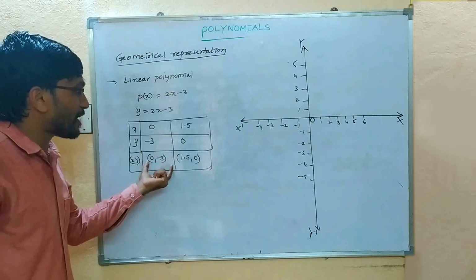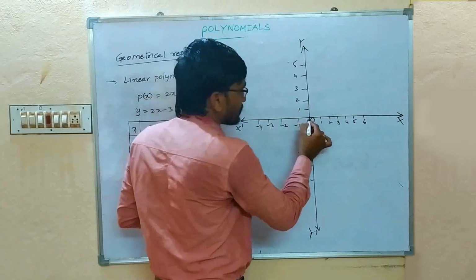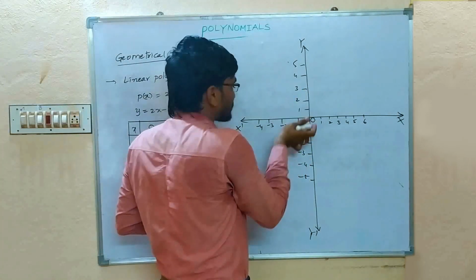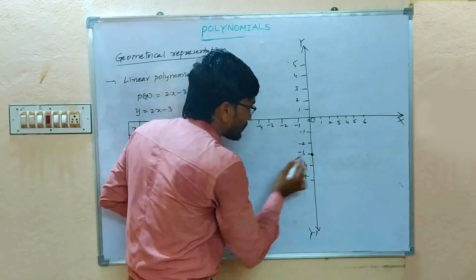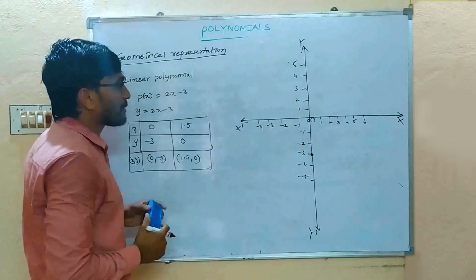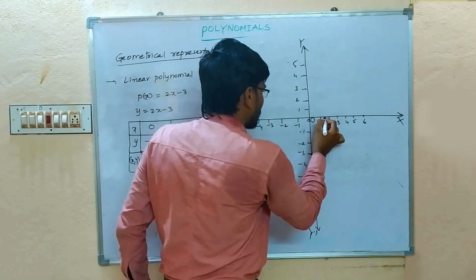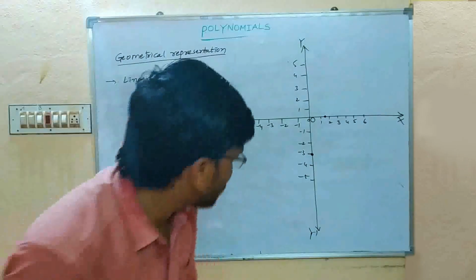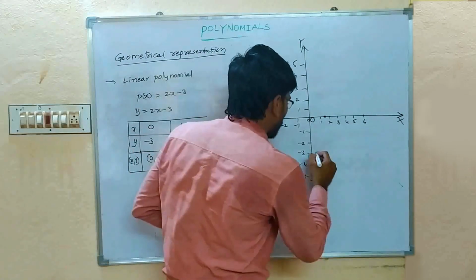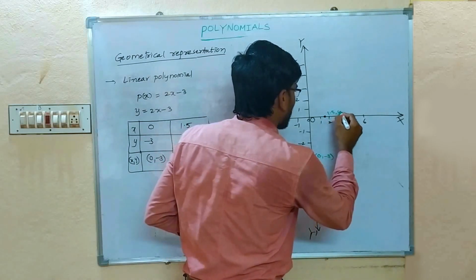So first we have to plot the point 0, minus 3. On x-axis 0 and y-axis minus 3. This is the point. Next 1.5 comma 0. On x-axis 1.5, y-axis 0. Nothing but here. This is point 0 comma minus 3. This is the point 1.5 comma 0.